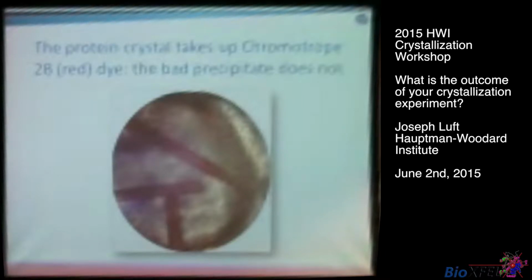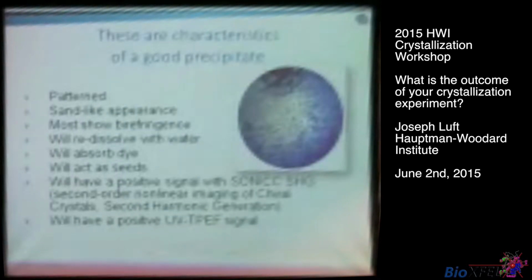So it's not incredibly uncommon to actually see these bad precipitates first, but then see crystal formation take place later in time. And this is just showing that the crystals took up this chromatrope 2D dye that was used. So they were protein.